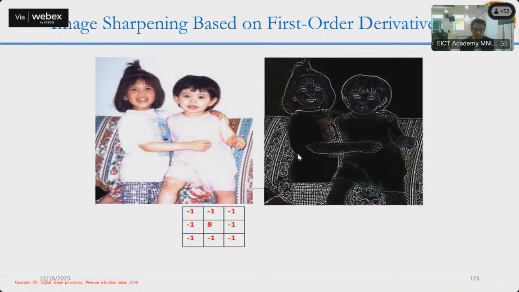In another case of image sharpening, this filter is used. Actually, it is the first one, same as the Laplacian. When we applied it, we were able to see these images. It's like basically the film of the original image.